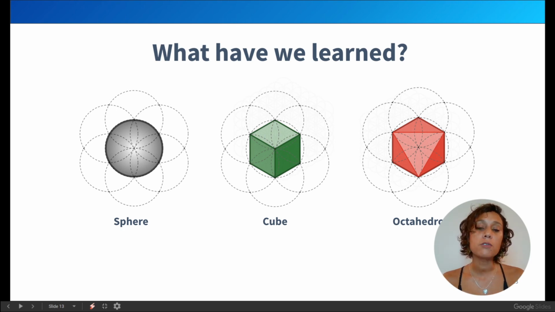Because there are a lot of spiritual technologies that use these shapes to enhance our energy field, to enhance our way of thinking. So the application of this knowledge is quite vast, but we really have to get into it first to understand how everything is actually connected.